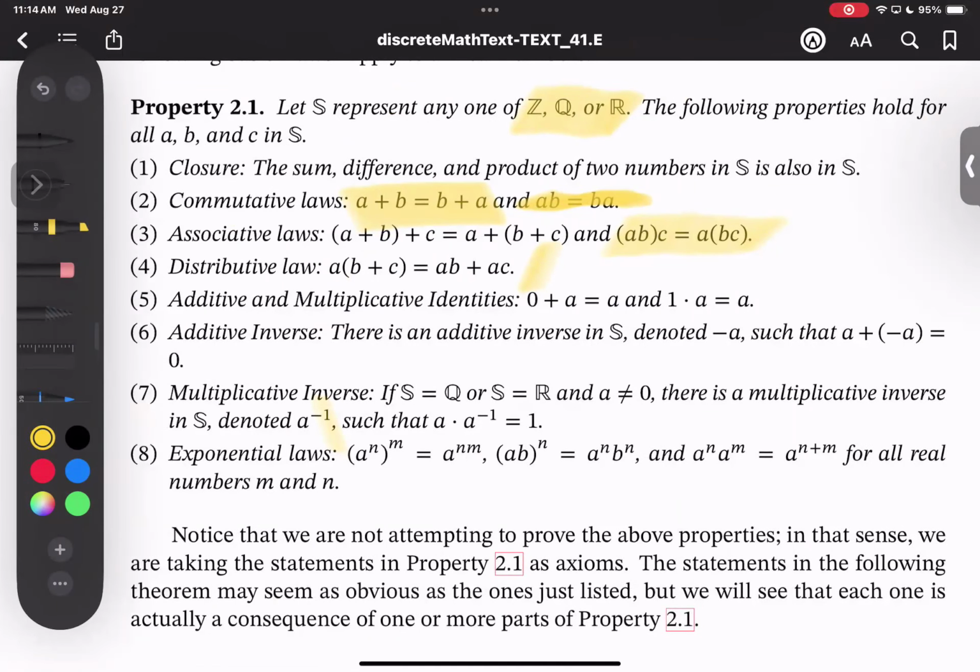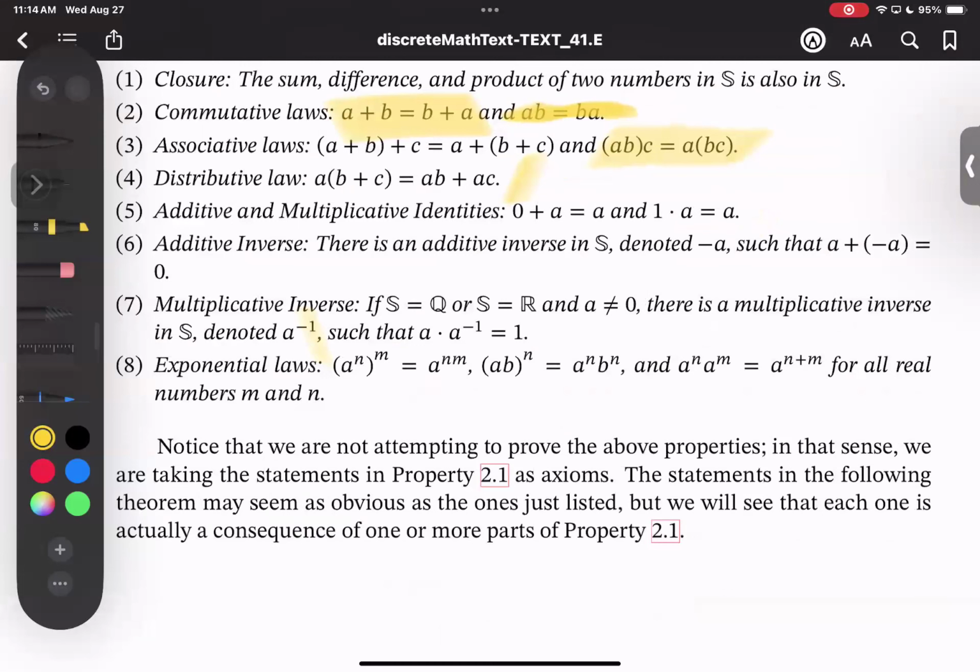And then the exponential laws, this is where the 3 to the 400 problem gets its solution. This first bit is saying that if we have a to the n raised to the mth power, then we can just multiply those exponents.